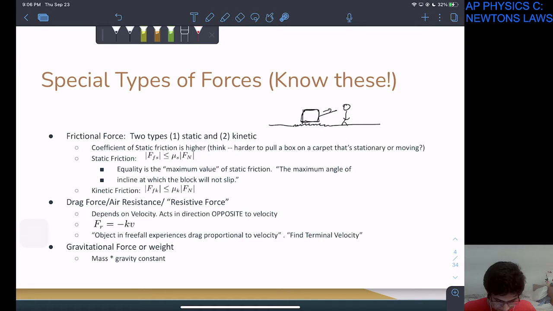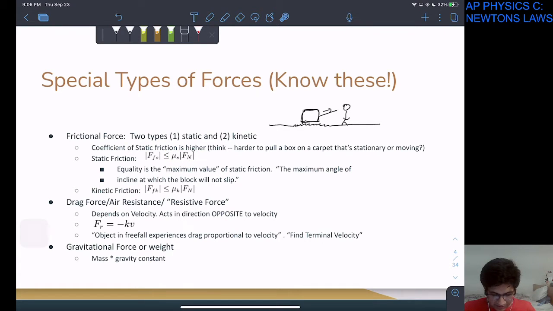And so generally we look at the maximum value. So this is the equation: the force due to static friction is less than or equal to the normal force times the coefficient of static friction. And generally we look at the right side and take the equality.